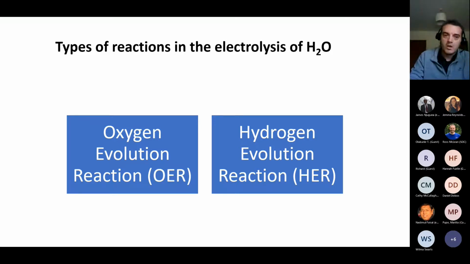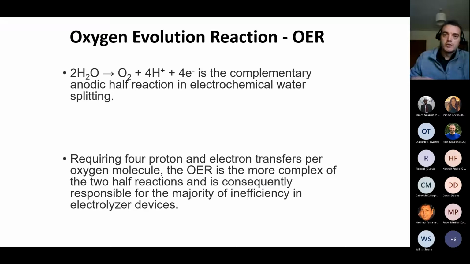Every time we have an electrolytic cell, like this cell with two pencils and the voltage, we have two reactions. One is the evolution of oxygen: water creates oxygen plus protons and some electrons. This is what we call the half reaction.